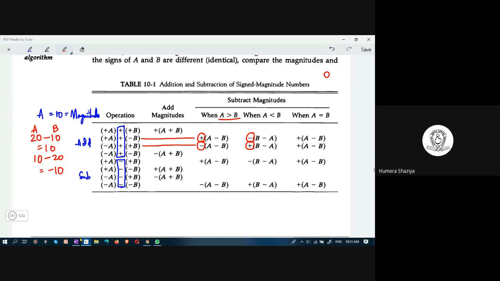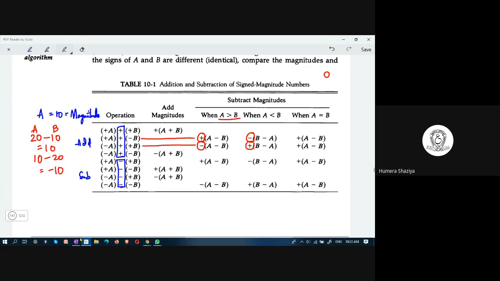You cannot have minus 0. All right, it is 0. So when both the numbers are equal, identical, which is 10, consider 10 minus 10 is 0, and it is always plus, irrespective of the sign of the magnitude. Whether A is minus or B is minus, that is not considered.